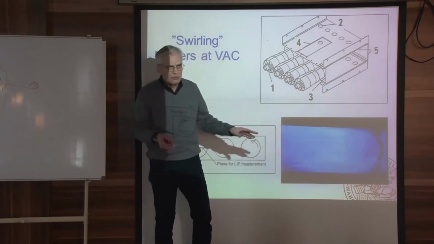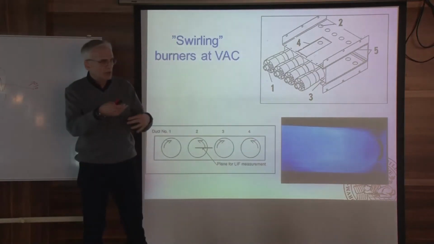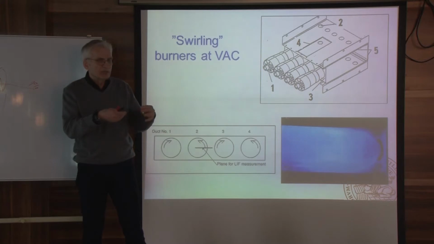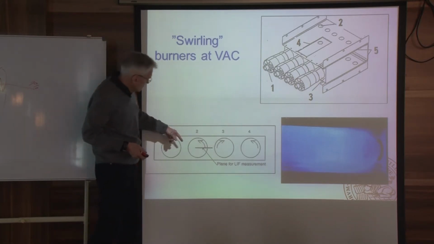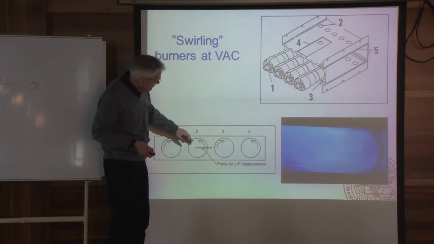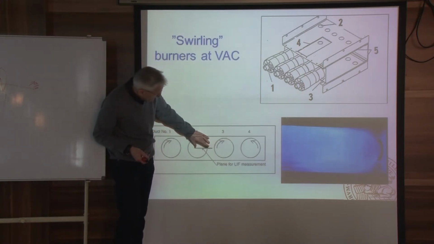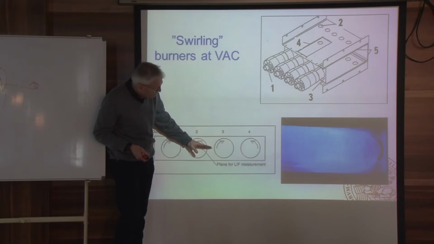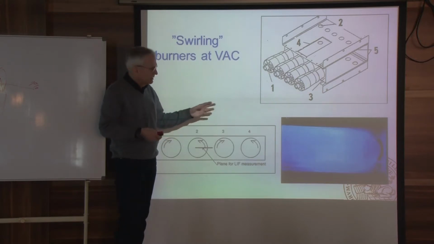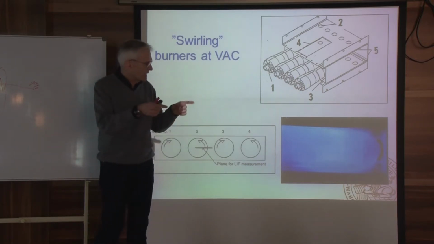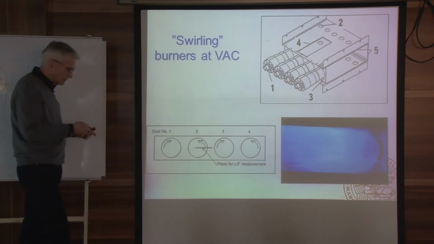It's just impossible to see how are these flames interacting. So we were asked to make an experiment to have the laser sheet right in the middle and to try to visualize the flow interaction while running these very highly turbulent flames.